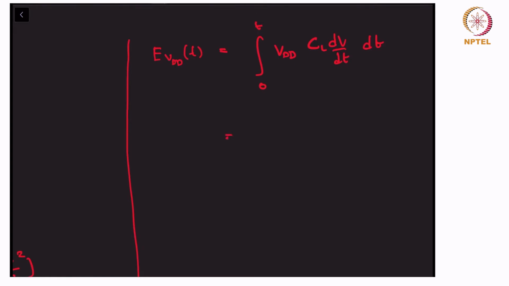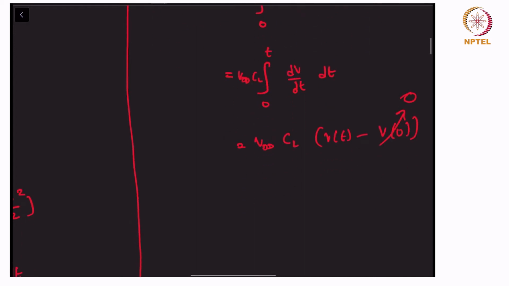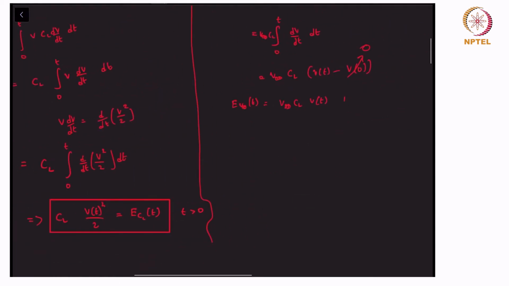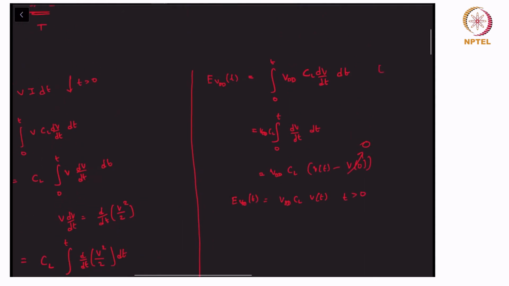Then this is equal to integral 0 to t, VDD comes out, CL comes out, dV by dt dt, which is simply VDD CL times V of t minus V of 0, and this we know is 0 because this is the capacitor voltage, right? Capacitor voltage is initially starting at 0 to V of t. So this is E_VDD of t for t greater than 0. Similarly here also t greater than 0.